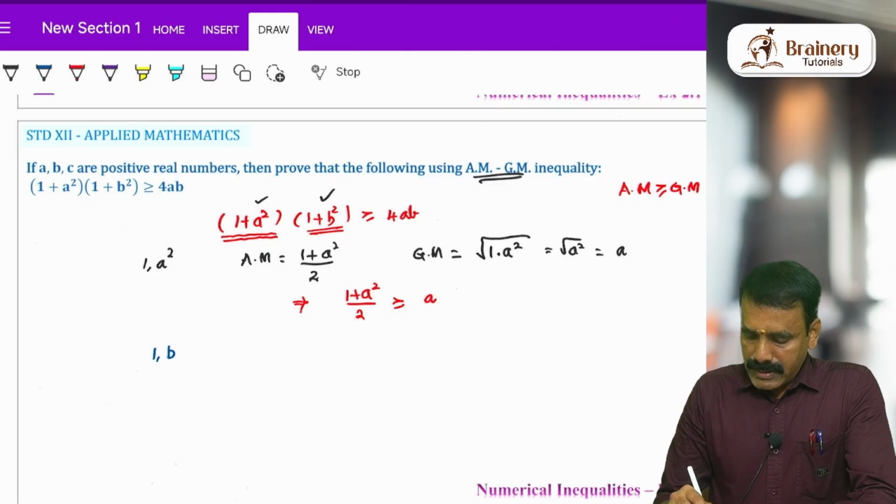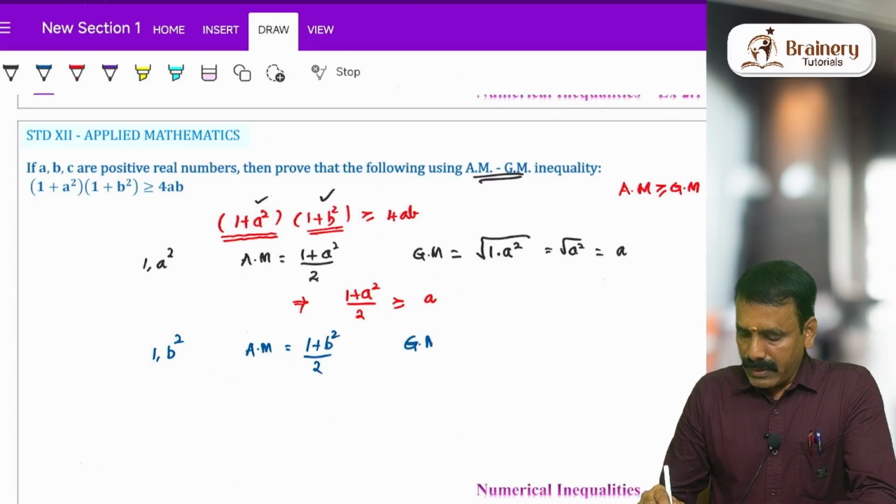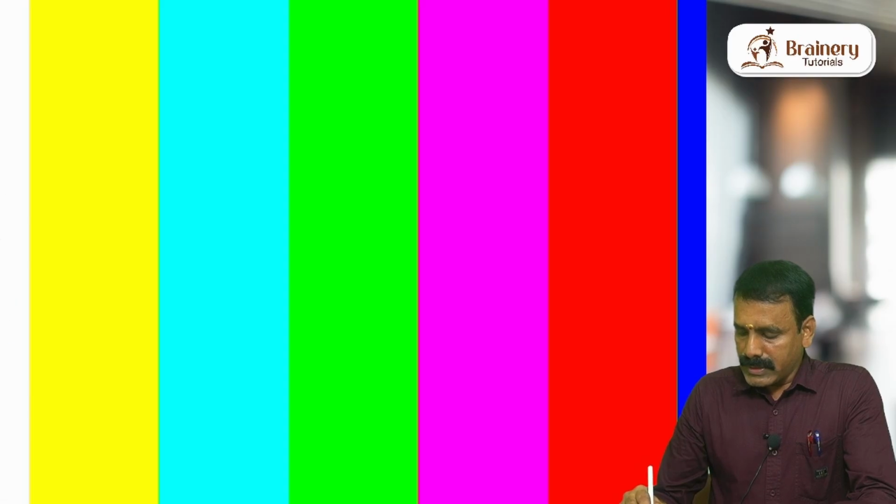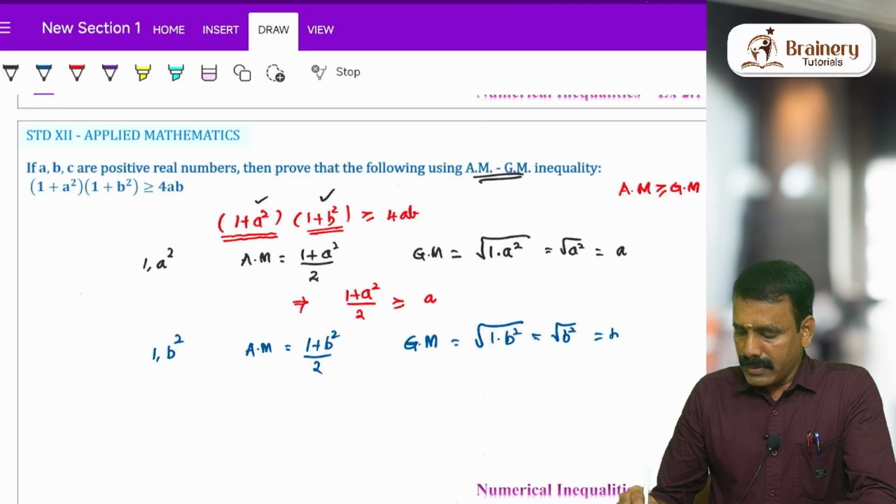For 1 comma B square, arithmetic mean will be 1 plus B square by 2, and geometrical mean will be equal to square root of 1 into B square, that is equal to root of B square, that is equal to B.